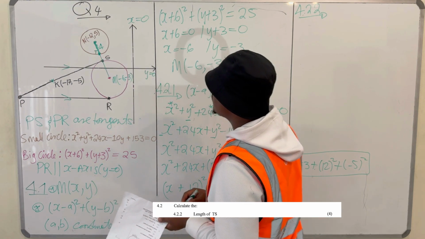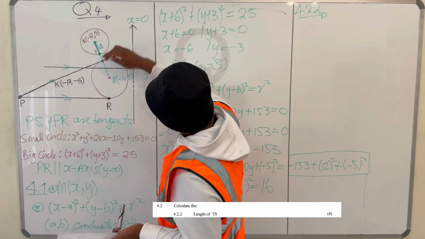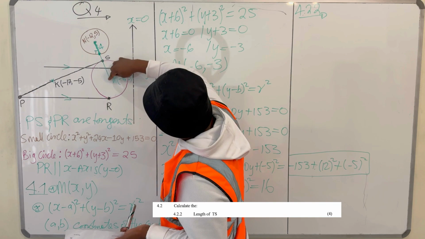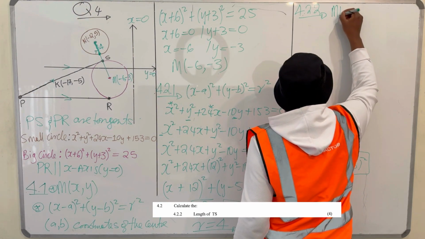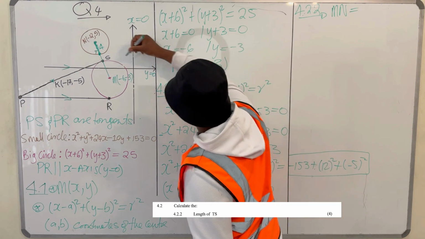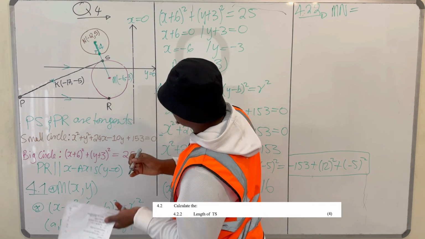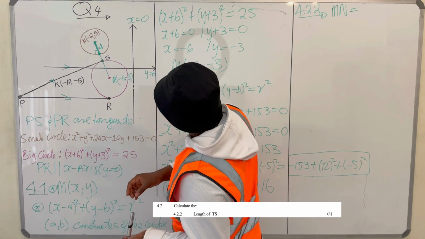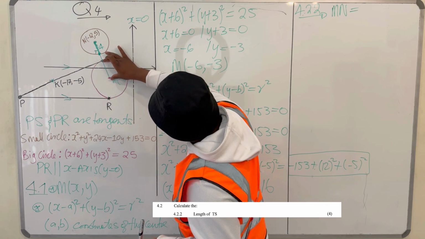So what you can see there is that if you can find the distance, all this distance from there to there is MN. So your MN, which is this entire distance here, is equal to what? Is equal to MS, which is the radius of the large circle.